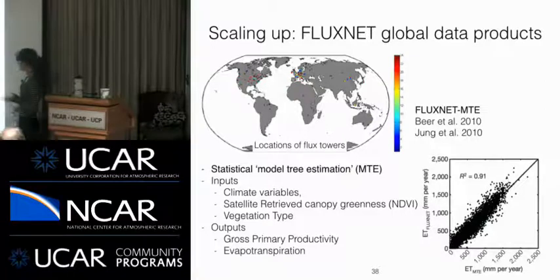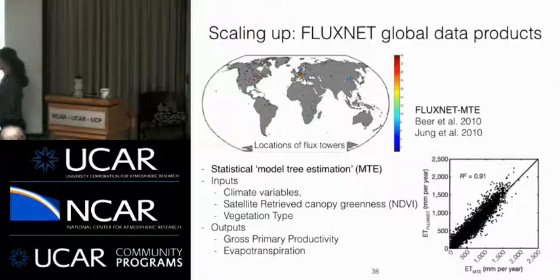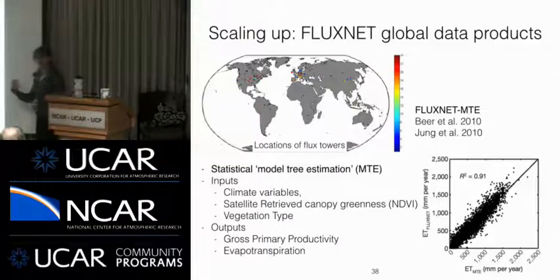What we do to make this into a global product, and by we, I mean the group at the Max Planck Institute in Jena do this mostly, is they use a statistical model tree estimation where they input a bunch of climate variables, the retrieved canopy greenness index, and vegetation type from another EO product. And so they give us outputs of gross primary productivity and evapotranspiration, which we can use as some kind of benchmark for our models.